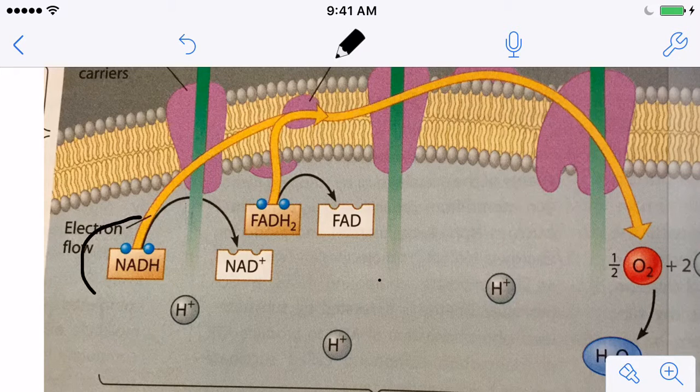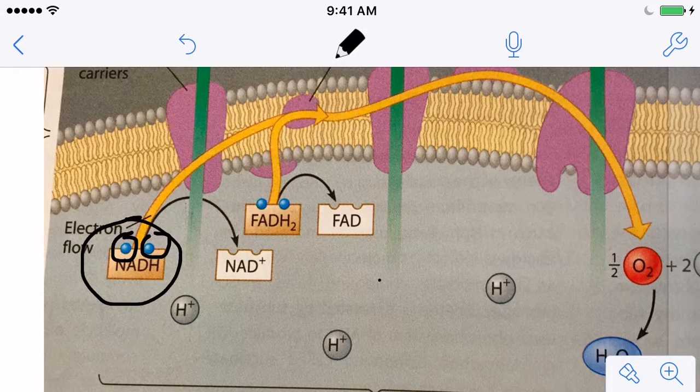These NADH and FADH2 molecules will drop off electrons and turn into NAD plus and FAD. The important thing about NADH and FADH2 is really just to carry electrons and drop them off at the electron transport chain.